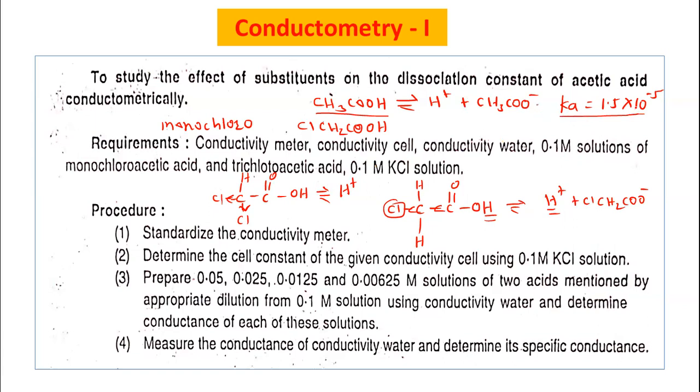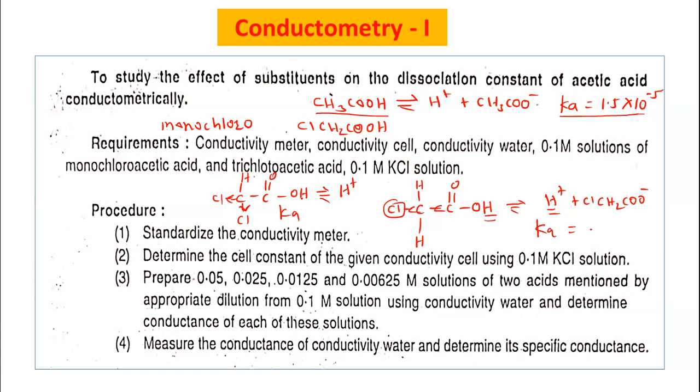For acetic acid, suppose it is 1.5 into 10 raised to minus 5. For monochloroacetic acid, this value should be higher. For trichloroacetic acid, the dissociation constant value will be higher still. So what is the effect of the substituents? As the electron withdrawing group is attached to the neighboring carbon atom, the hydrogen ions are released faster as compared to acetic acid.